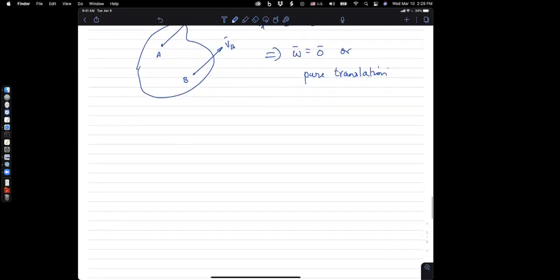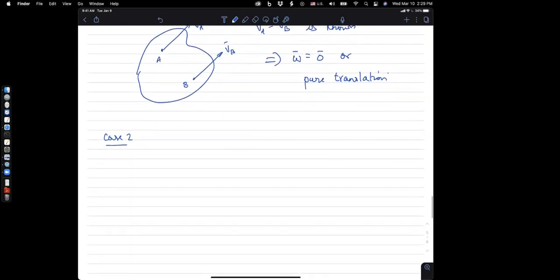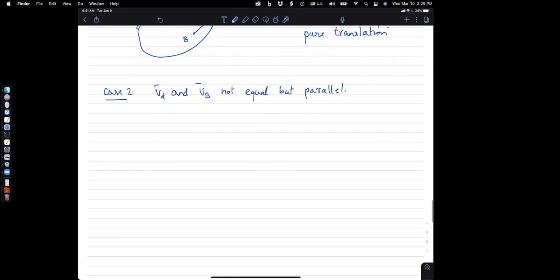And then case 2 is velocities of A and B are not equal, but still parallel. And this can be true for any A and B. They are generic A and B. And if it's true for any two A and B, these things are true for anything, right?